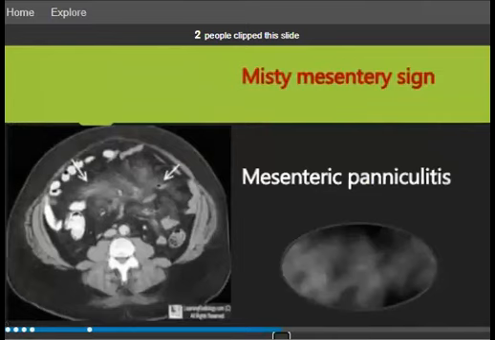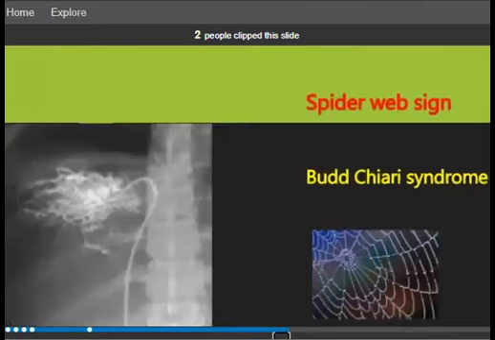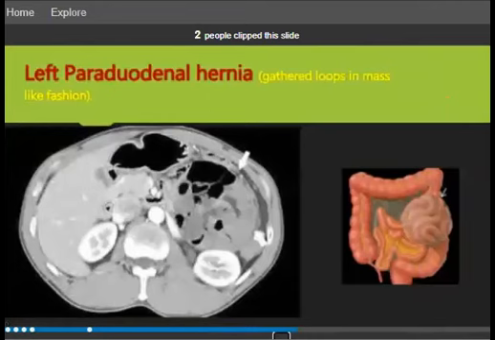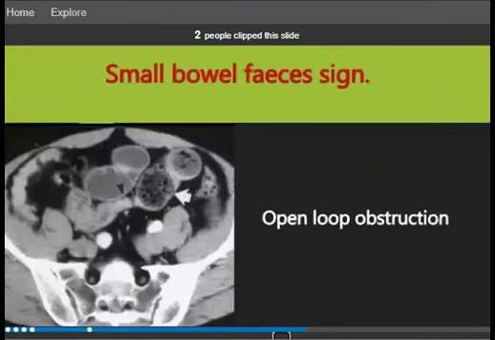Mesenteric panniculitis, misty mesentery sign. Spider web, Boerhaave syndrome, we mentioned it. Left paraduodenal hernia, you remember it. Gathered loops in a mass-like fashion, it is an internal hernia. Small bowel feces sign, which is closed loop obstruction.